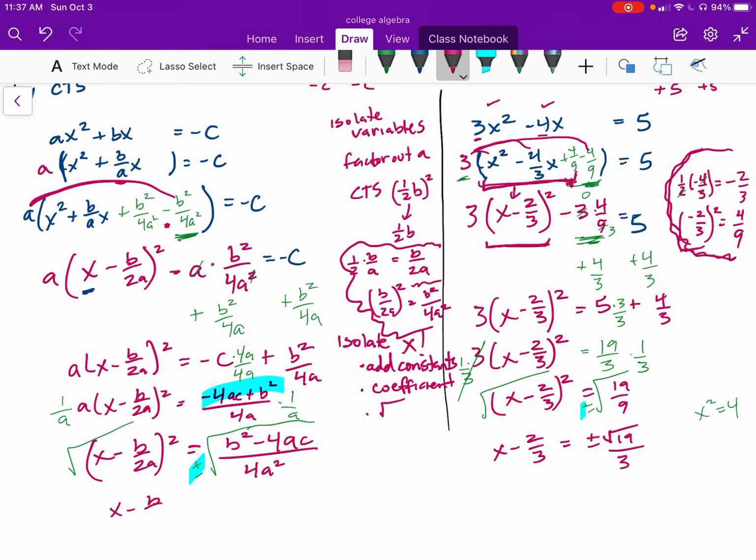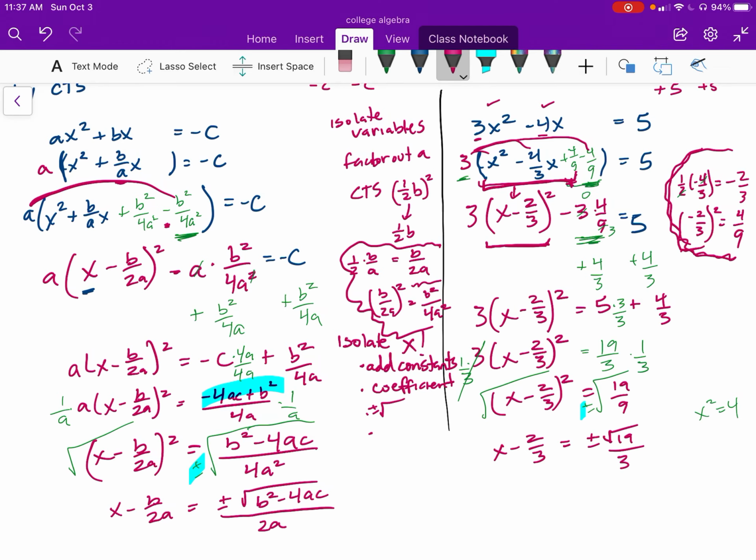X minus b over 2a equals plus minus square root of b squared minus 4ac all over, right? 4a squared has a perfect square root of 2a. That is almost the quadratic formula. We're so close. So last step, we did the square root. We remembered the plus minus, right? Last step is just add that b over 2a.